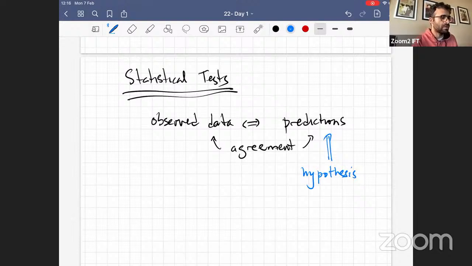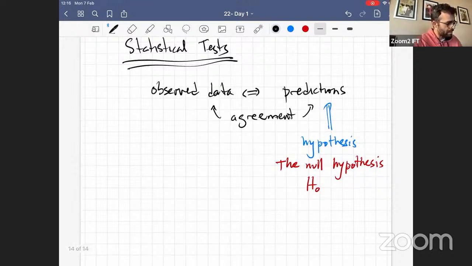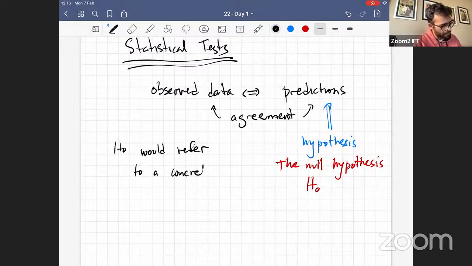And so we would like to test this hypothesis in the light of data. This hypothesis is called the null hypothesis, and the notation is H0, okay? You want to test the null hypothesis in the light of data. So for example, H0 would refer to a concrete specification of a PDF.